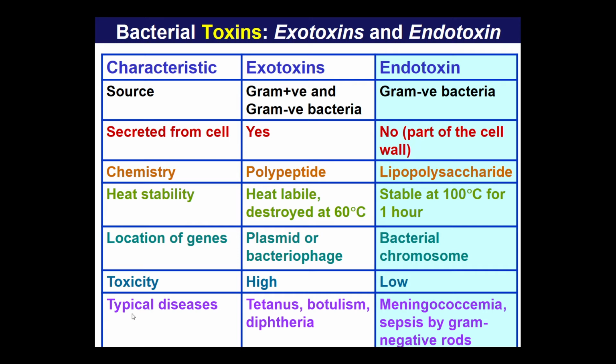And the typical diseases associated with exotoxins and endotoxins. Exotoxins are usually associated with such diseases as tetanus, botulism, and diphtheria. Endotoxins are associated with meningococcal meningitis, named meningococcemia. This is one of the clinical forms of meningococcal meningitis. And sepsis by gram-negative rod-shaped bacteria.